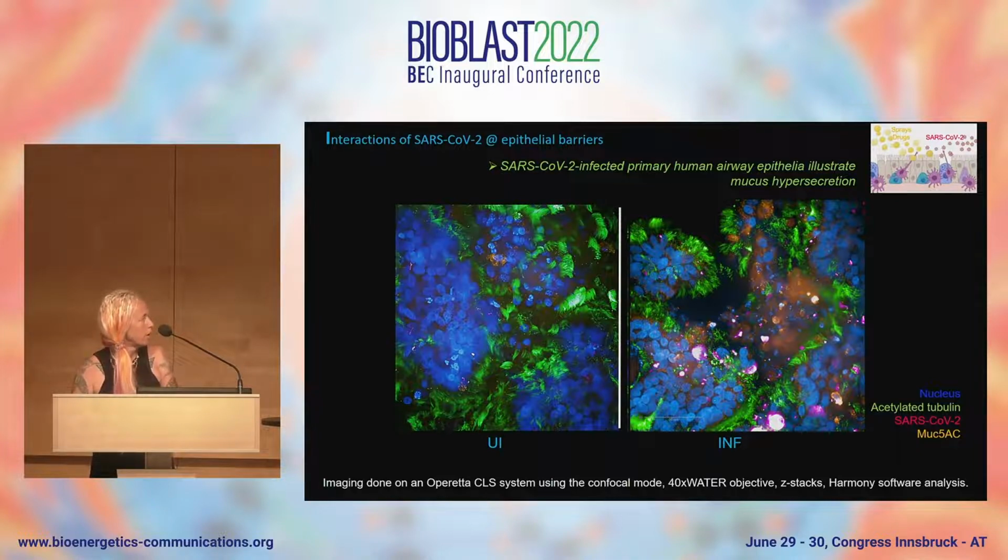You can see virus-infected cells as well as virus particles, and what you can immediately see is a mucus hypersecretion as well as mucus plug formation. And what was interesting is that this is also seen in critically ill COVID-19 patients.